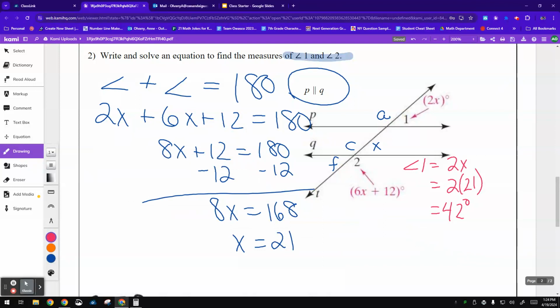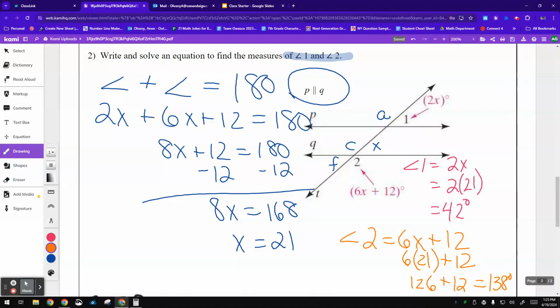Oh, I can hide this. I keep forgetting that. And angle 2 equals 6x plus 12. So that's 6 times 21 plus 12. So that's 126 plus 12 is 138. Am I right?